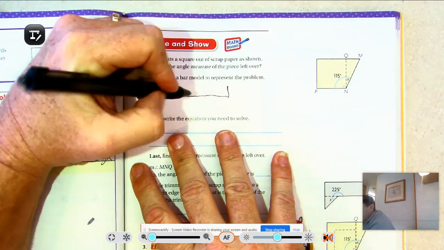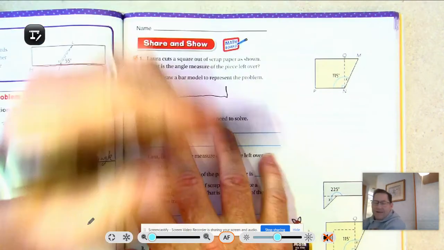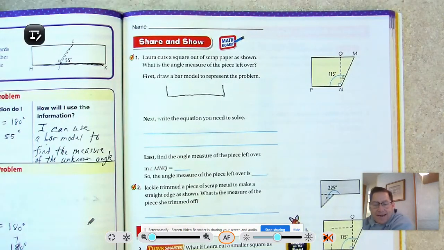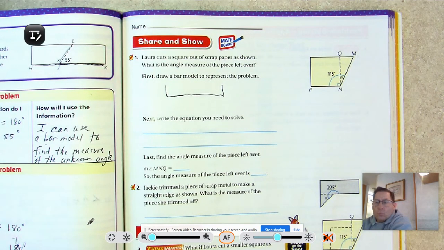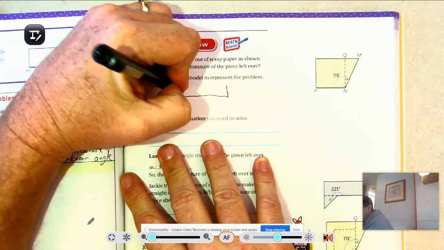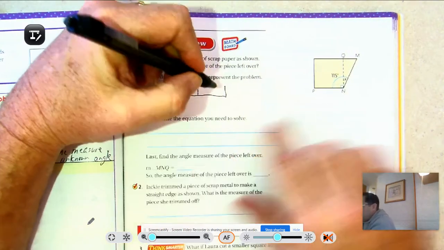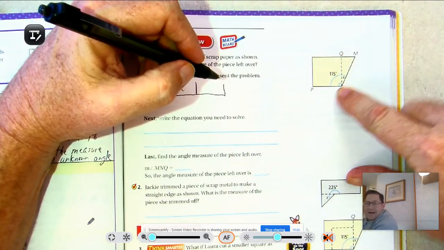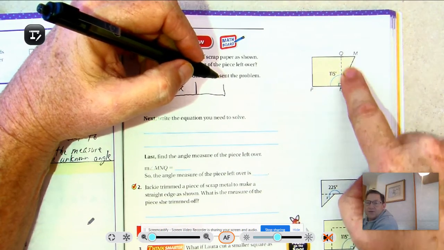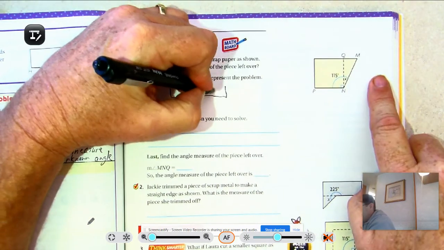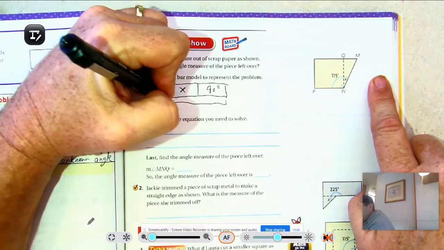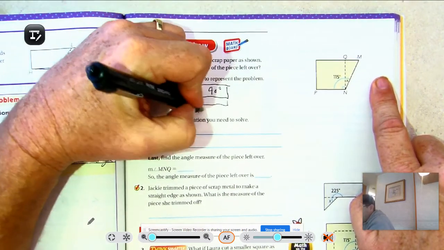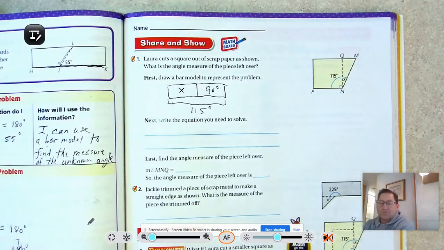So we know that the unknown angle plus what is left, P and Q, is a 90-degree angle. And together, that has to equal 115 degrees.